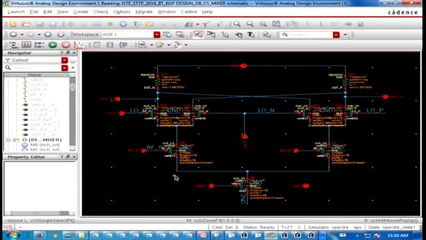This is 65 nanometer, and this is the bias current. The bias currents and the aspect ratios of the RF transistor and the local oscillator transistors are calculated according to our next slide, where I will show you that this is a first order model.